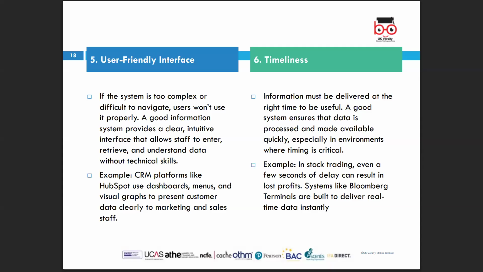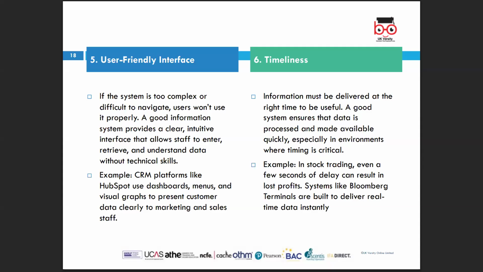So a good information system needs to provide a clear, intuitive interface that allows staff to enter, retrieve, and understand data without technical skills. An example of this is CRM platforms like HubSpot, which use dashboards, menus, and visual graphs to present customer data clearly to marketing and sales staff.